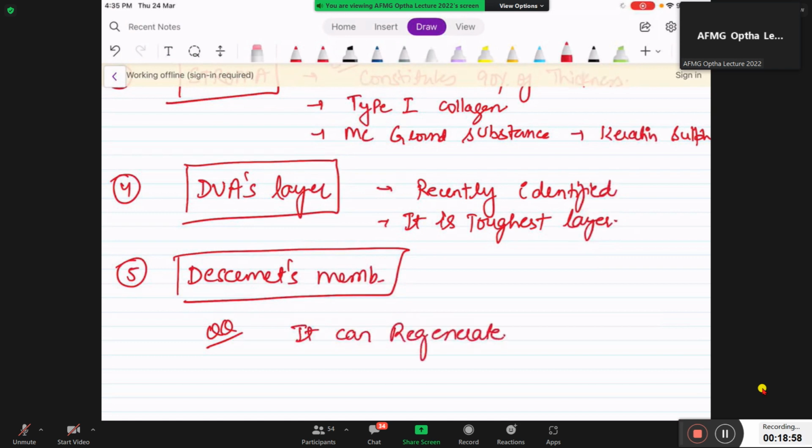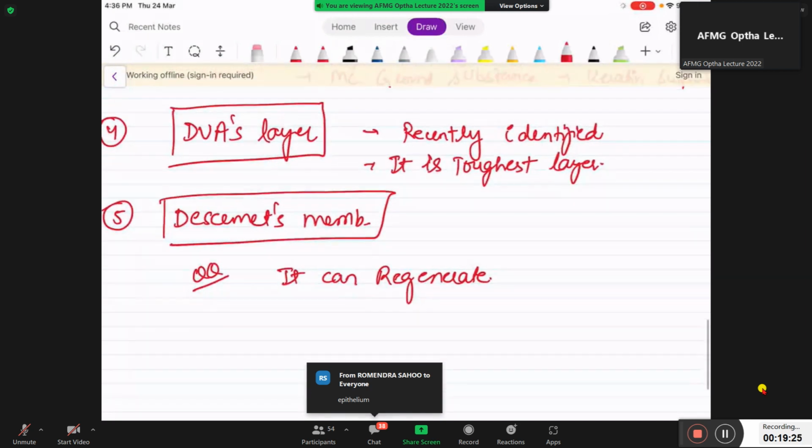It can regenerate like which other layer of the cornea, which we have studied recently, which was also regenerating? Write to me in the chat box. Epithelium, right? So like epithelium can regenerate, Descemet's membrane can also regenerate, right?